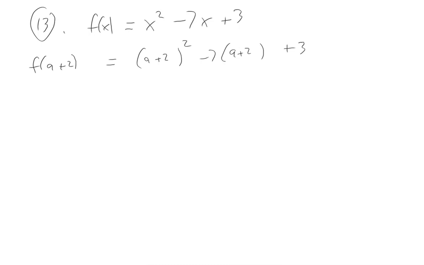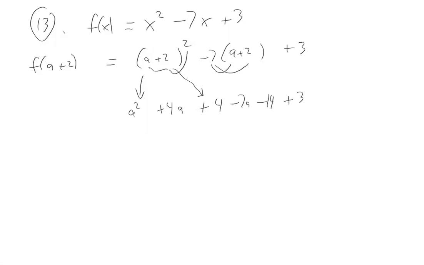If you square a binomial, you'll square the first one, then you'll distribute this power of 2. 2 times 2 is 4, times a is 4a. Then you square the last one, you get 2 squared is 4. Then you distribute this negative 7, you get negative 7a. Then you do that times that, you get negative 14. Then you bring down the plus 3.